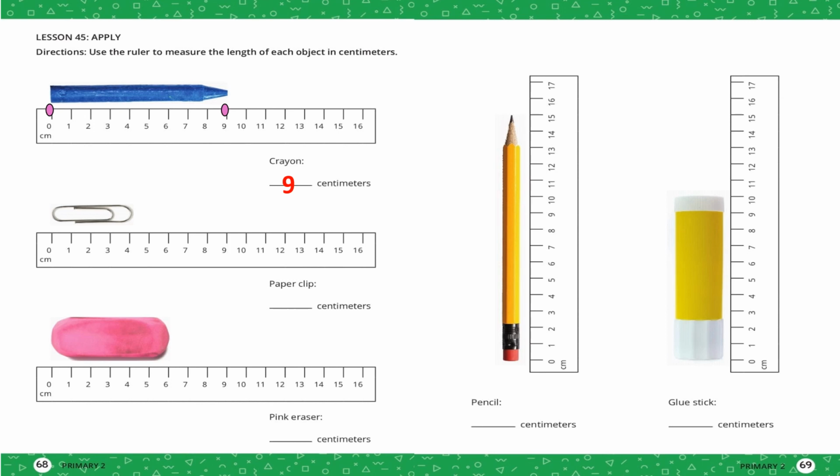Here we have a paper clip. We start from 0 to the other end. It will be 4 centimeters. And here we have an eraser. It starts from 0 to 6, so it's 6 centimeters.